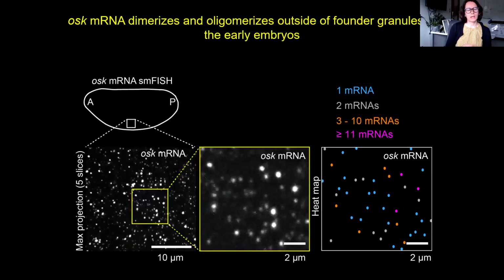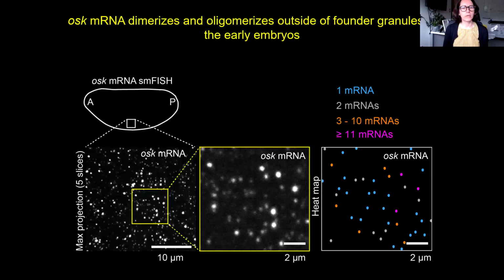So this is how the RNA reaches the posterior. However, if you zoom in with your microscope to the region of the embryo that does not contain localized RNA, so these are so-called somatic regions of the embryo, you can see the following pattern of oskar RNA. It has clusters that have more or less fluorescence intensity, which indicates that these are clusters that have more or less oskar RNA.